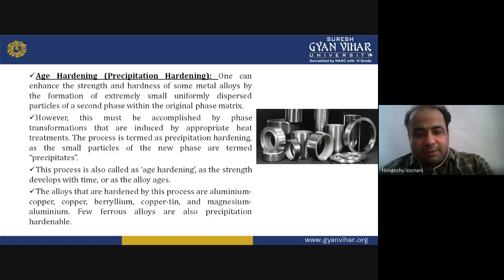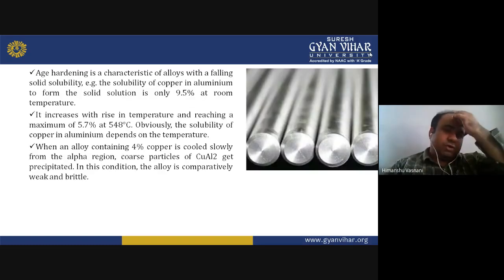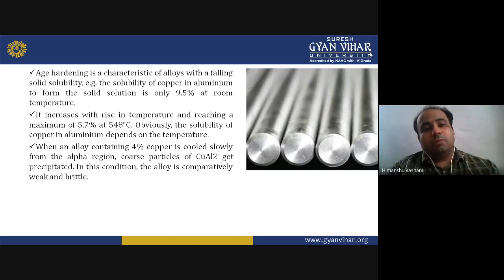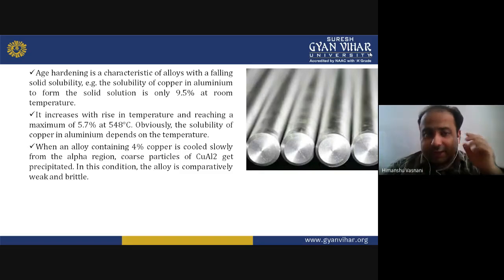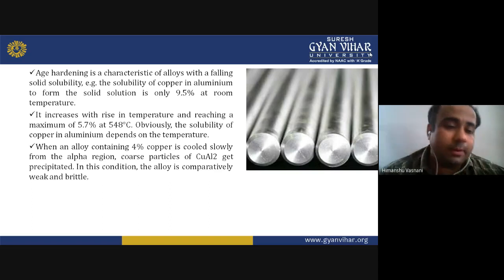Alloys that can be hardened by this process include aluminium-copper, so now we are discussing aluminium-copper. They say that the solubility of copper in aluminium to form a solid solution is only 0.5% at room temperature.